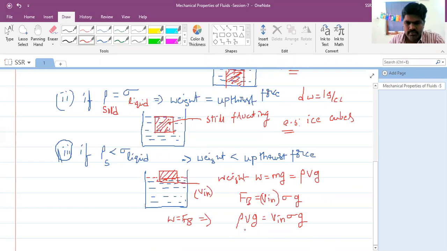Are you clear on this? Where V in is the volume immersed inside the liquid, V is the total volume of the body, rho is the density of the solid, g is acceleration due to gravity, and sigma is the density of the liquid.